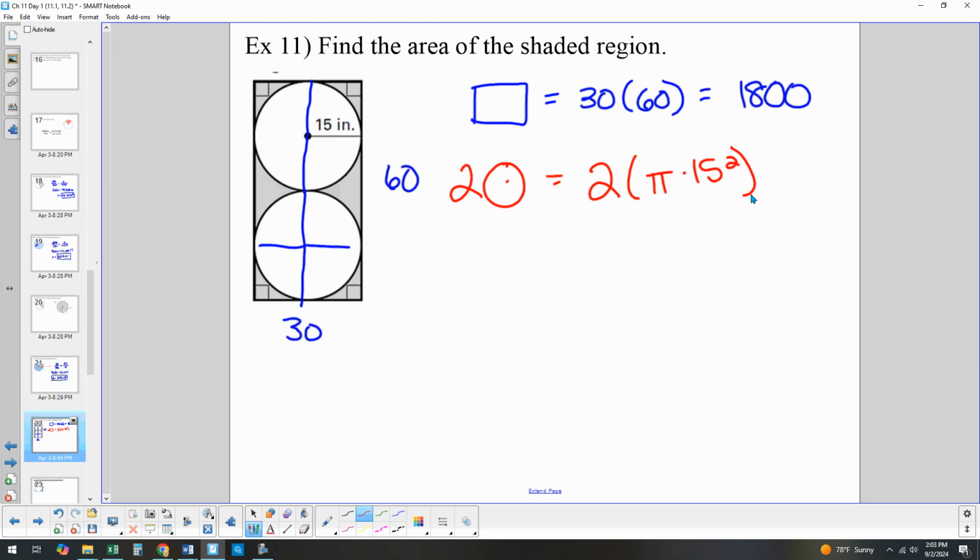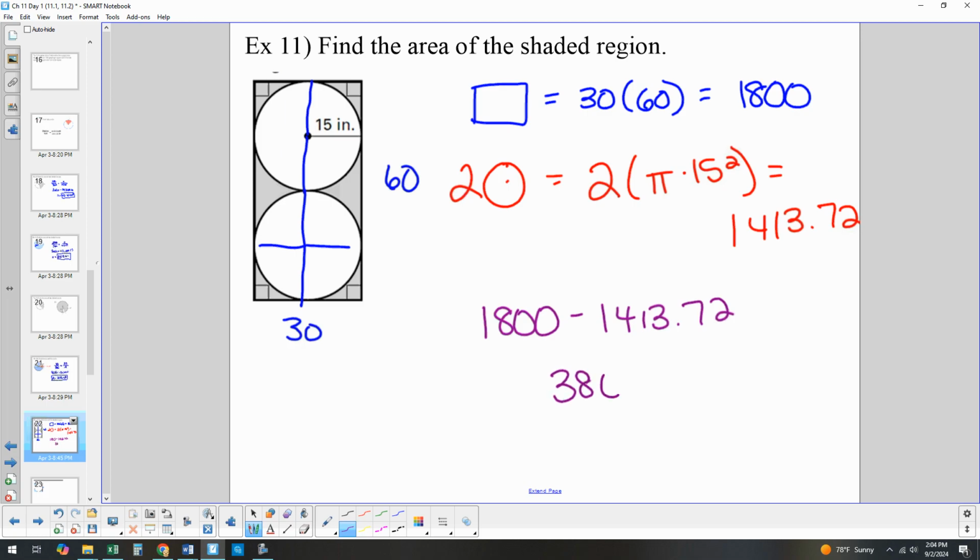So we're going to do 15 squared times pi, but double it. So the area of my shaded region is going to be the rectangle minus both of the circles. So we get 386.28, and that's inches squared.